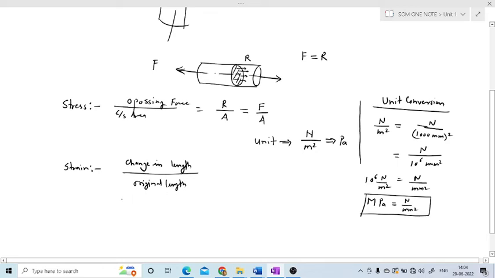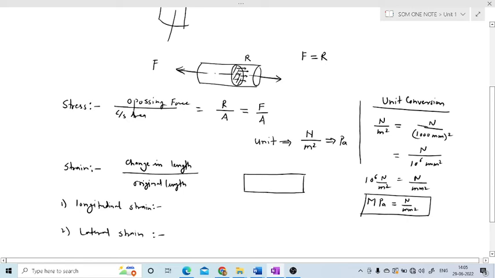But there are two types of strains. The first being longitudinal and the second one is lateral. Now we'll see what these two types of strains are. So consider the same specimen, but I'll show the cross section of that particular specimen.